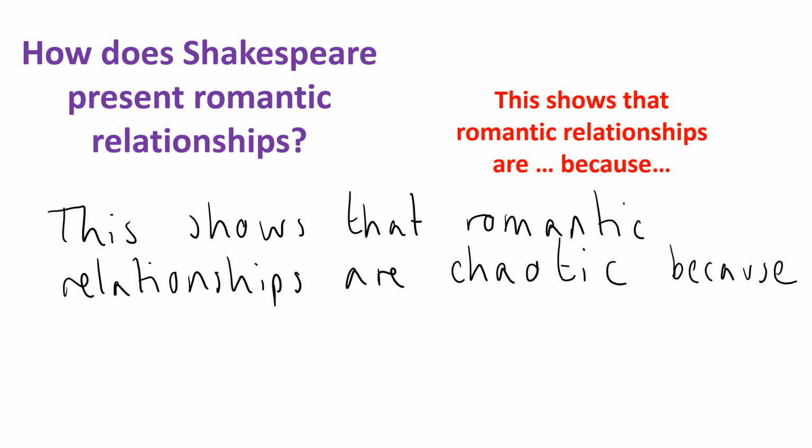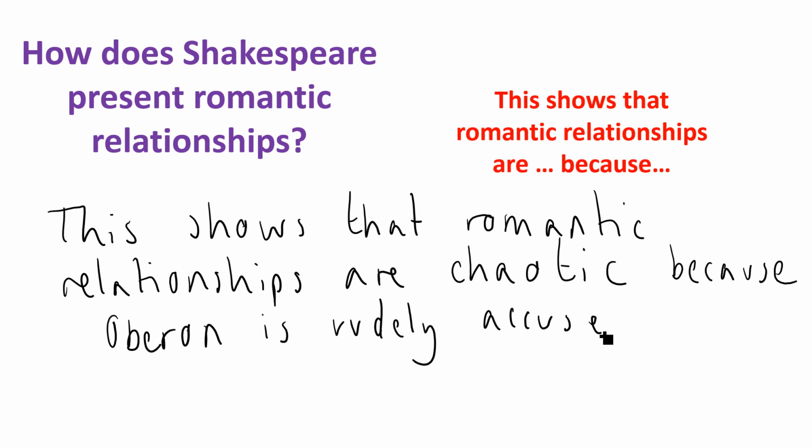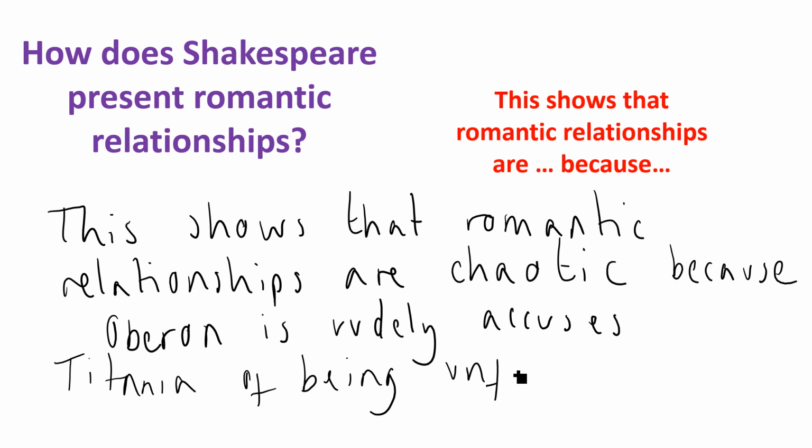So I'm going to write, because Oberon is being quite rude, accuses Titania of being unfaithful to him, and then a full stop at the end. And that is the final stage of my paragraph.